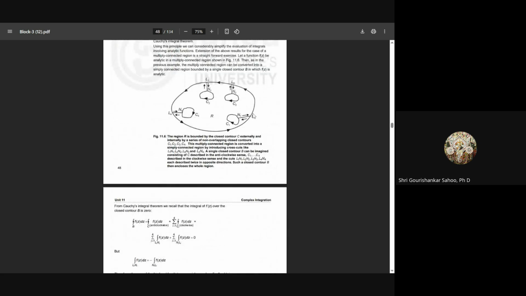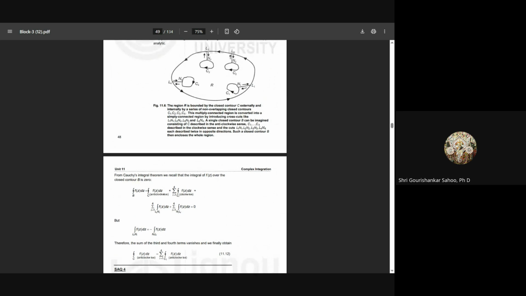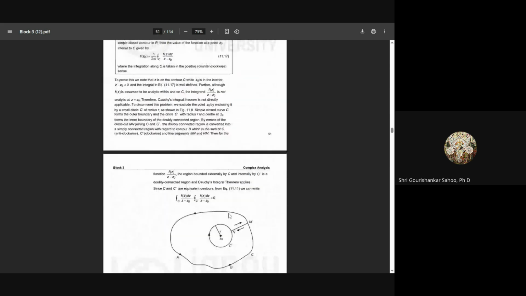So here are the cross cuts which I told you about in the previous figure, and you will solve it in a multiply connected region. Okay. Integration of f(z) dz is equal to the integration over the closed contour of f dz plus the summation from i equal to 1 to 4 of the integration over the closed contour in a clockwise direction of f(z) dz plus the summation from i equal to 1 to 4 of the integration of f(z) dz is equal to 0, clockwise, anti-clockwise.